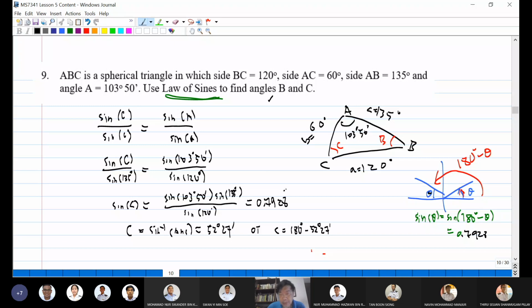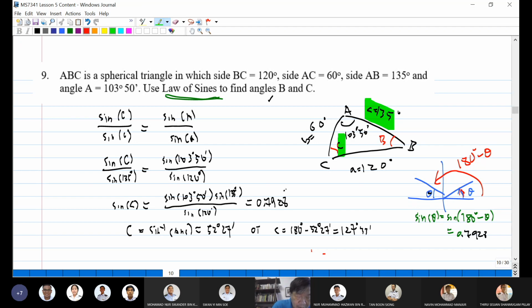Now this time, which one do we reject? Because C is the larger side, the angle C must be largest. So compare this, you can find that the one we should reject is this one.